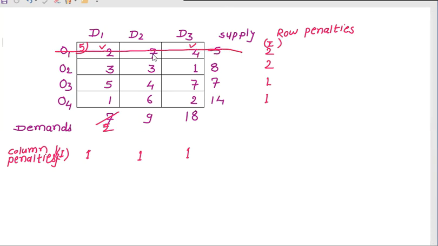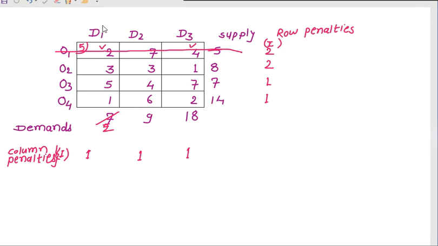We now consider the revised transportation table. What is a revised transportation table? So the supply for the second factory remains the same. For the third factory, supply remains the same, 7 units. For the fourth factory, supply remains the same. It is 14 units.